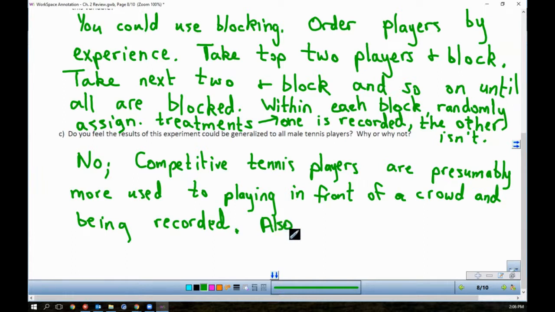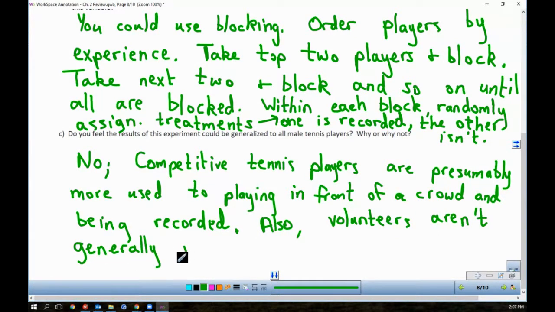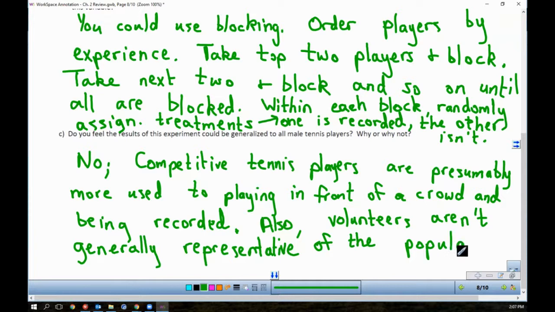Also, volunteers aren't generally representative of the population.